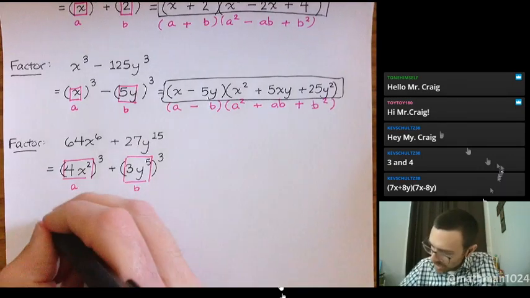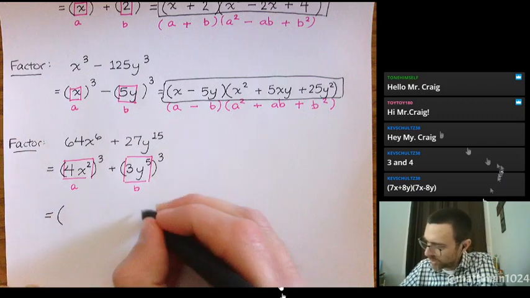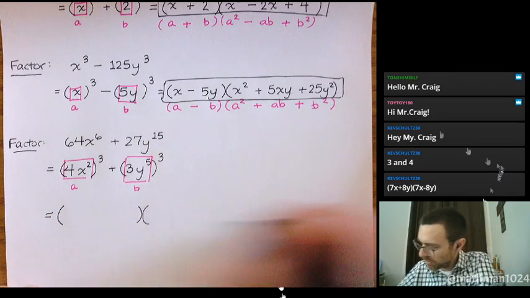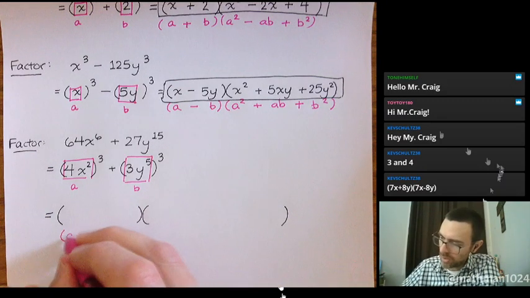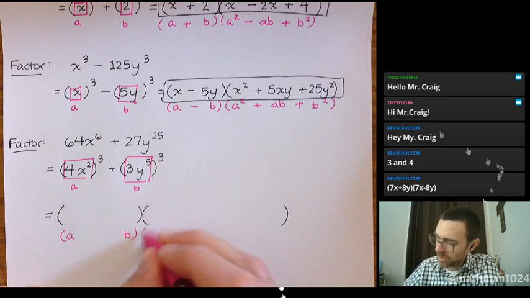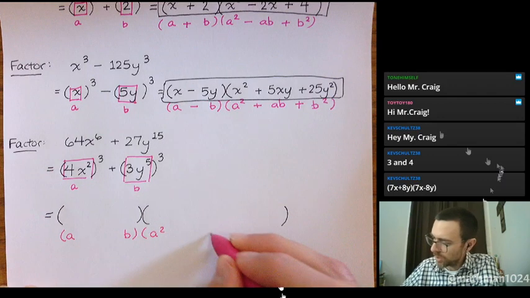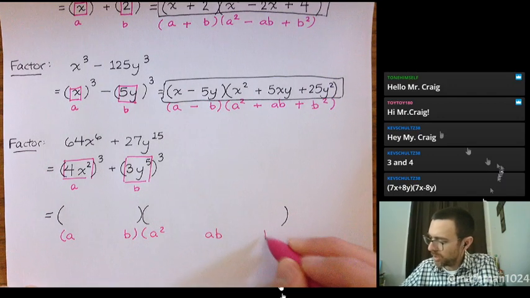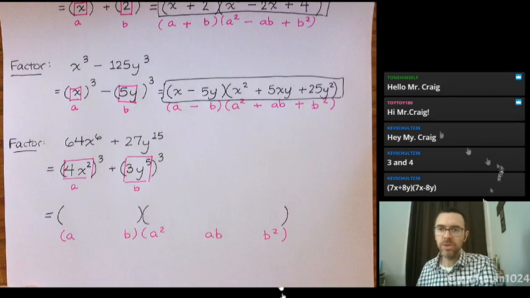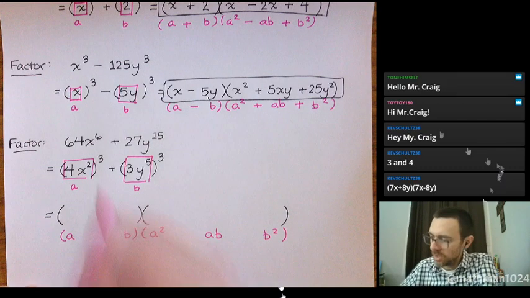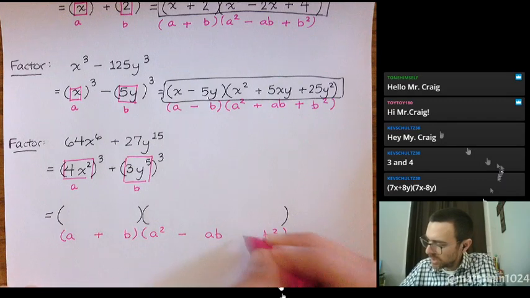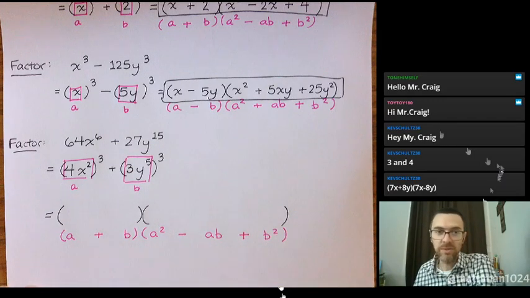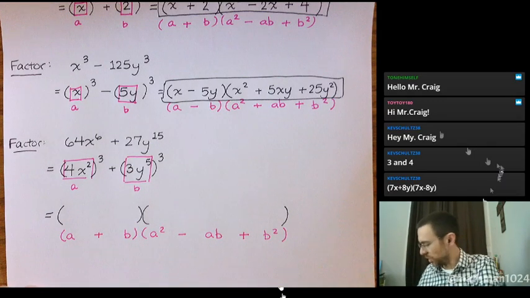So I'm going to need a little bit of extra room, so I'm going to do it underneath here. Know the pattern. We said that was a, b, a squared, ab, b squared. Your signs. The same sign as that is plus, the opposite is a minus, and the last guy is always positive.